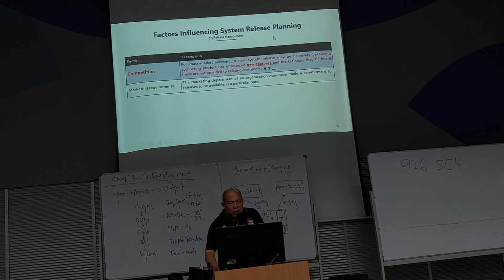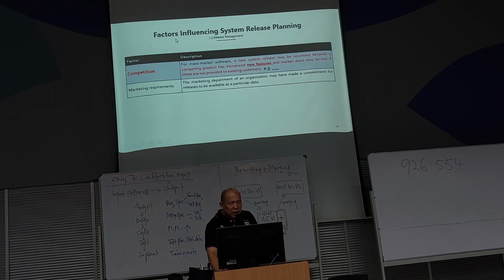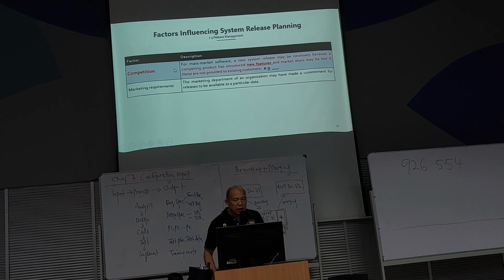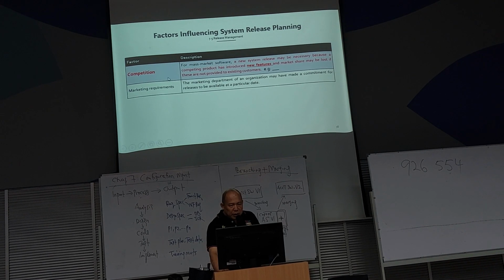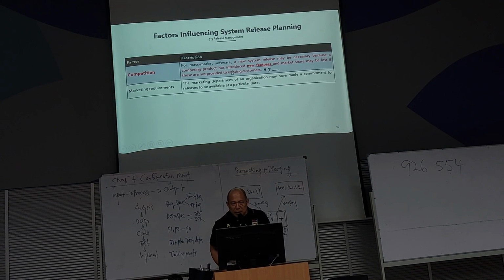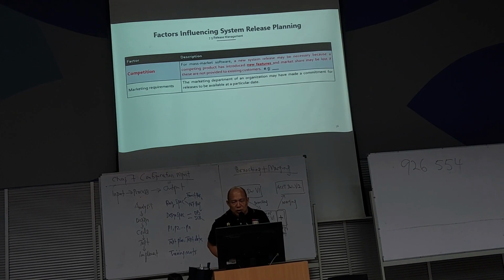So, factors influencing system release. Number one is competition. A new system release may be necessary because competing products have introduced new features, and market share may be lost if these are not provided to existing customers.